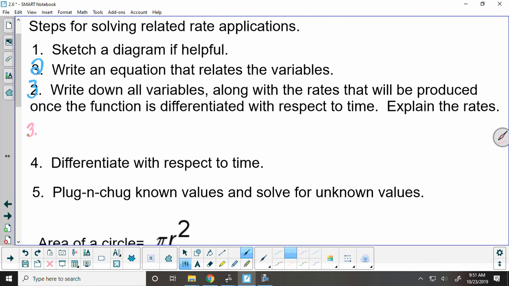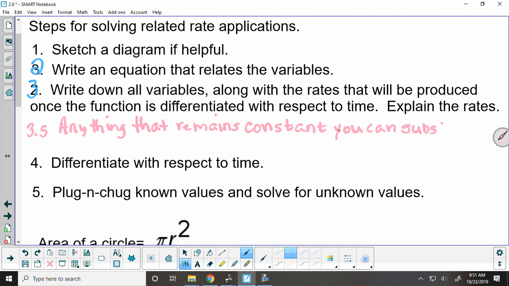3.5. Anything that remains constant you can substitute a value for.